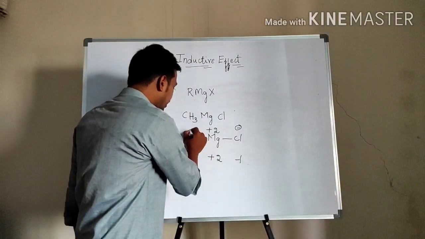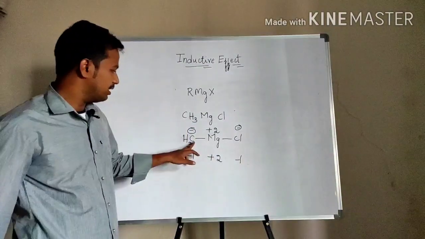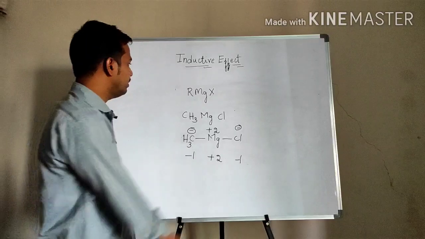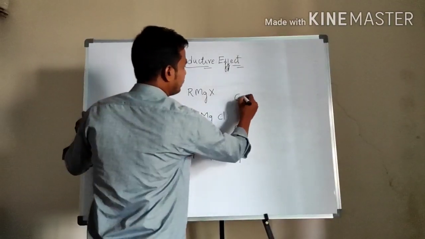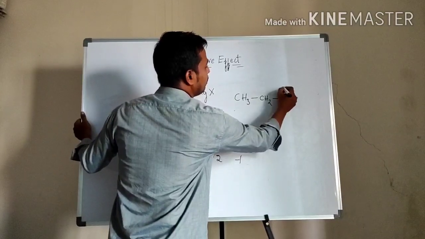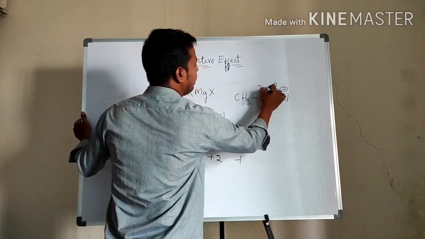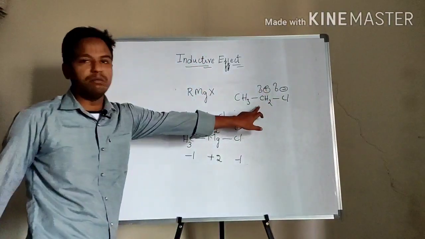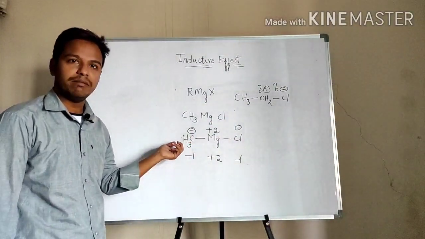Obviously we are getting a minus charge on this carbon atom, whereas in the other example for minus I, CH3CH2Cl, we got delta minus here and delta plus here. This carbon gets a positive charge, whereas this carbon gets a minus charge.